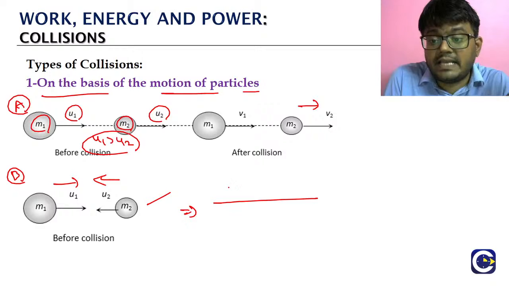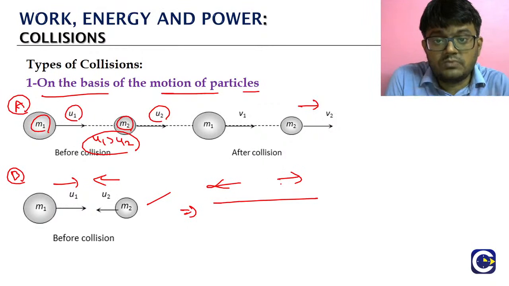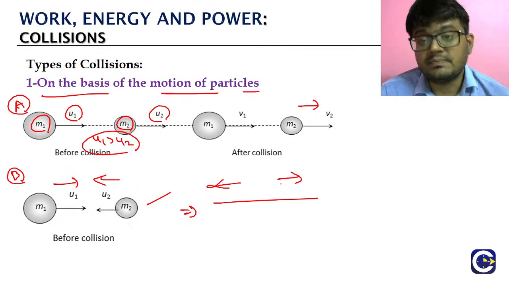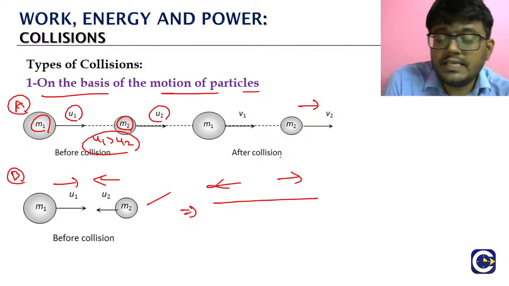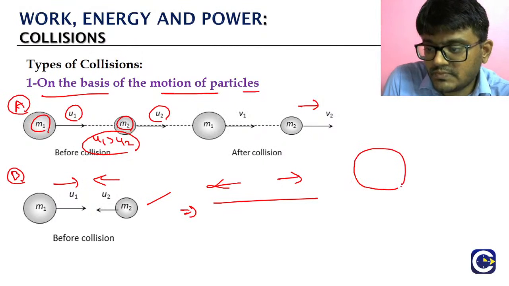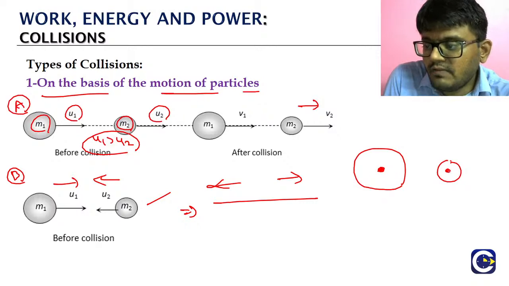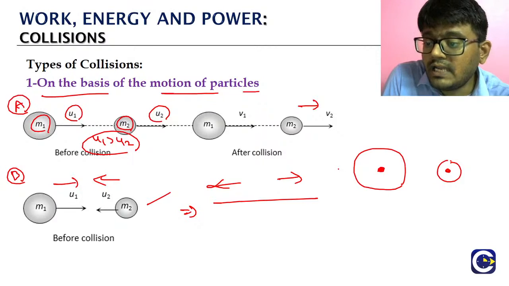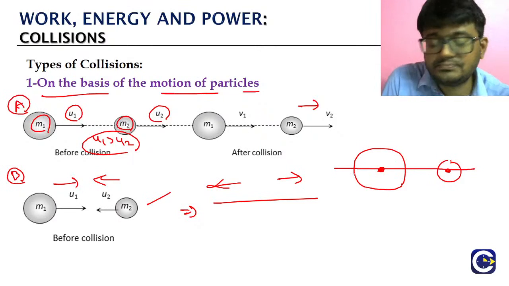Now when we say same line, a line can have two possible directions. If you look at these objects colliding, the velocities of these objects are along the center line.